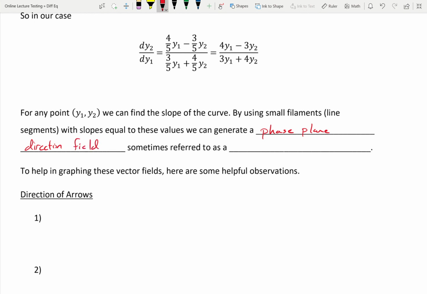Sometimes this is referred to as a vector field, which is why we are going to have arrows here in a second.